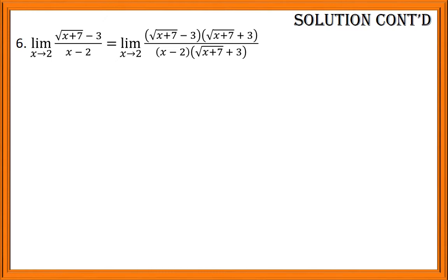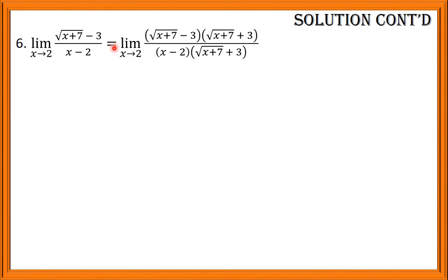In order to rationalize the numerator, we multiply the numerator by its conjugate and the denominator by the conjugate of the numerator. That is, we change the sign here to positive, and that gives us the conjugate of the numerator.